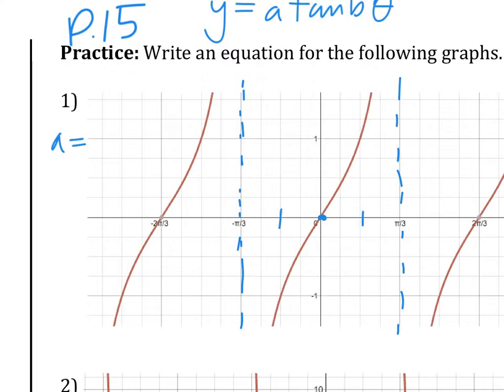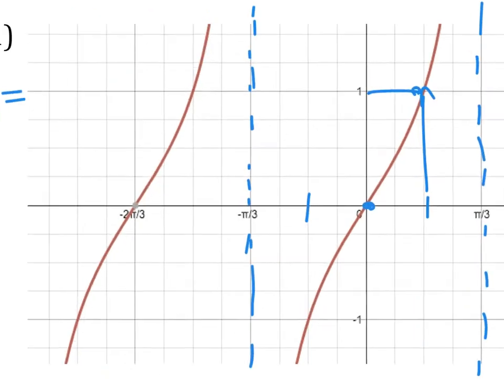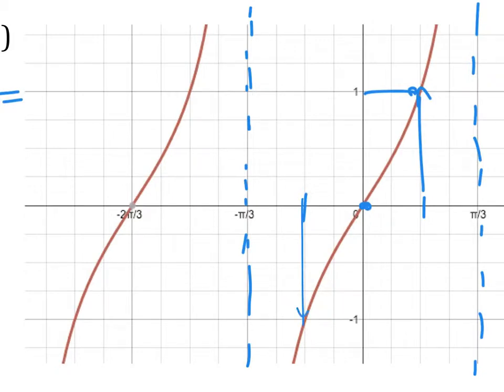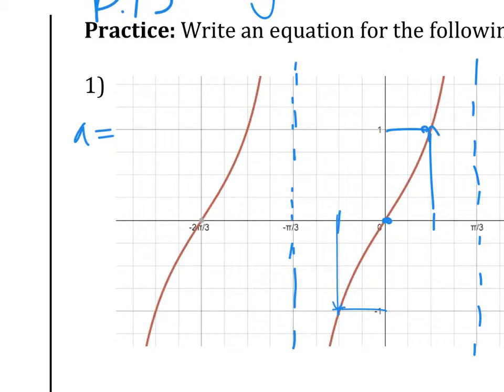So look straight up and see where it hits on that point, and go straight down and see where it hits. What is that number the graph is hitting? 1. Okay, so A is 1.